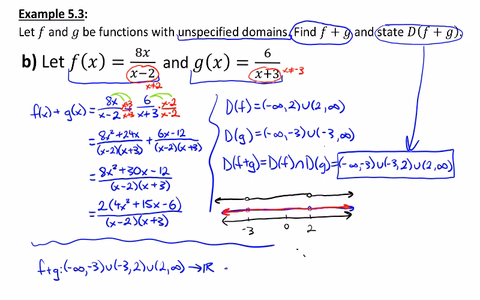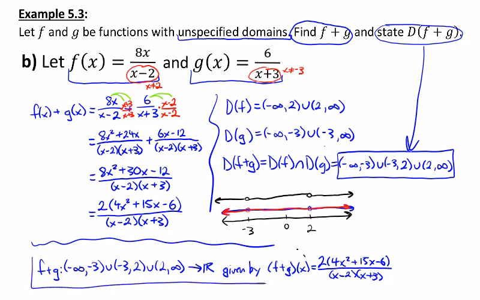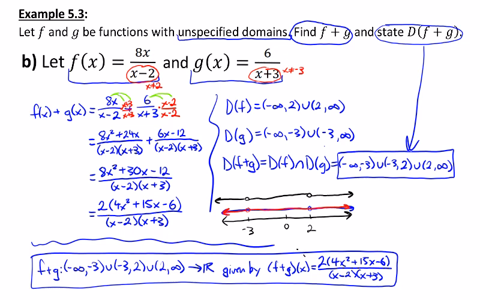We don't necessarily have to use them all. Given by f plus g of x is equal to 2 times 4x squared plus 15x minus 6, all divided by x minus 2 times x plus 3. And that gives us our full function definition. It has the equation along with the appropriate domain.